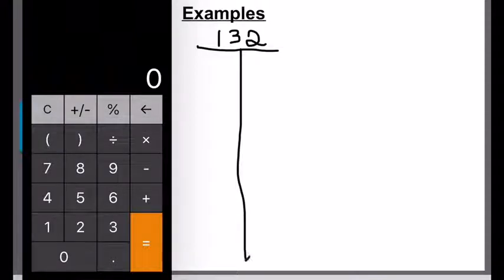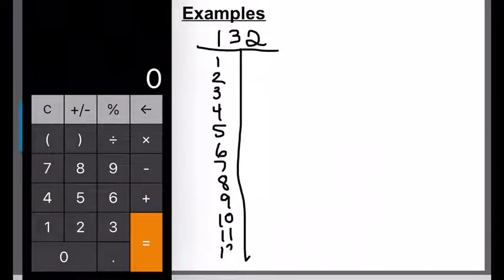Then on the left side of the T table, I'm going to list all of my numbers 1 to 12. 1, 2, 3, 4, 5, 6, 7, 8, 9, 10, 11, 12.